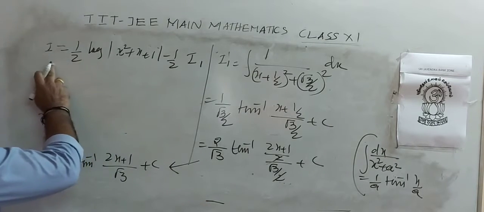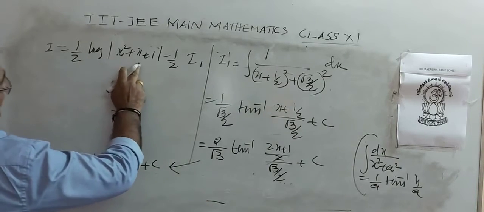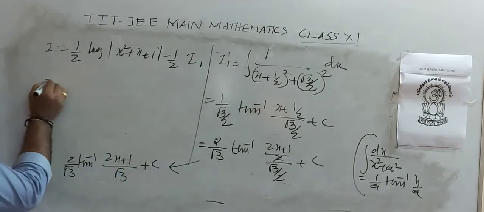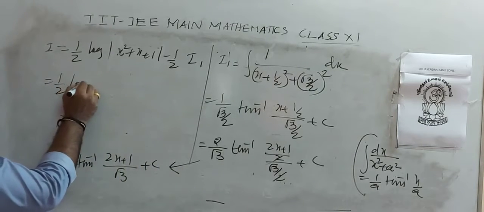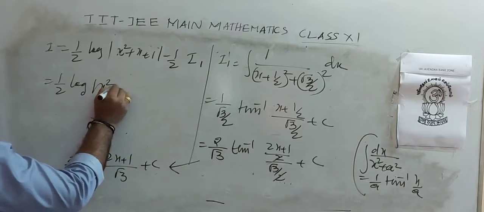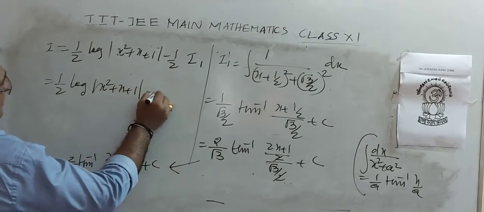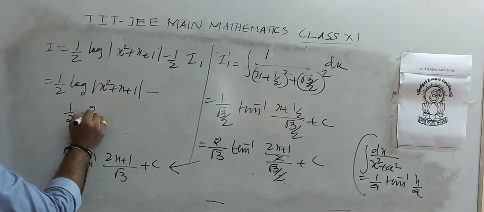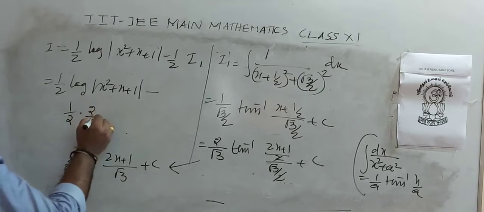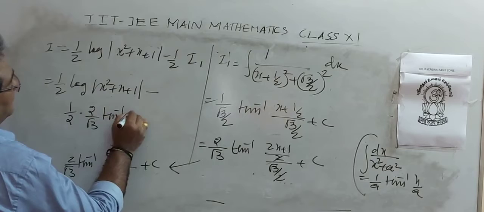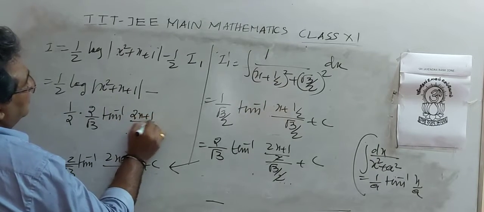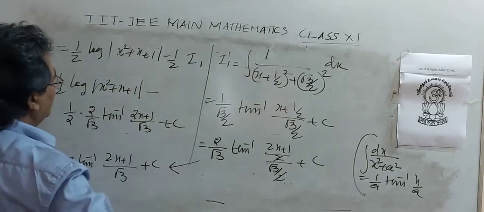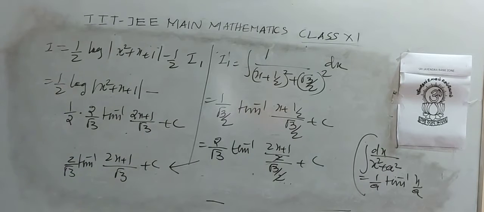So I equals 1 by 2 log (x² + x + 1) minus 1 by 2 I1, that is 1 by 2 log modulus of (x² + x + 1) minus 1 by 2 into this value, 2 by root 3 tan inverse of (2x + 1) by root 3 plus c.